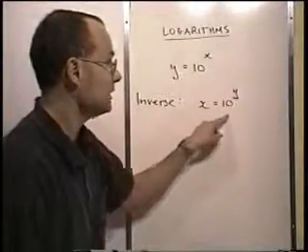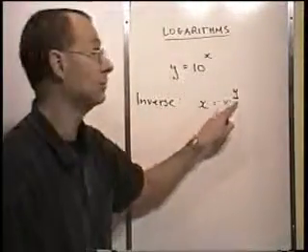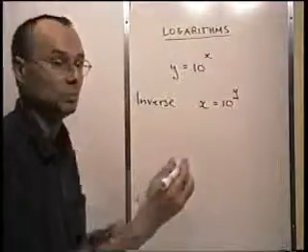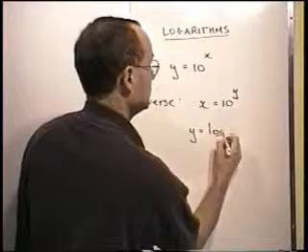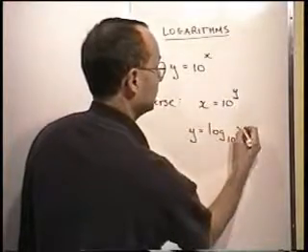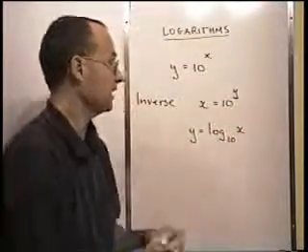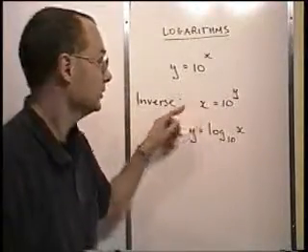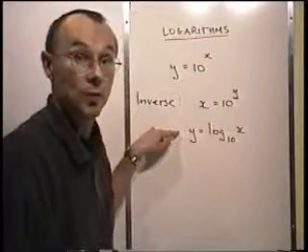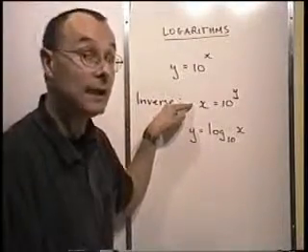The same statement as saying x equals 10 to the y is to write it this way. Y equals log base 10 of x. And this is saying precisely the same thing as this is. Now this is what we would call logarithmic form, and this is exponential form.